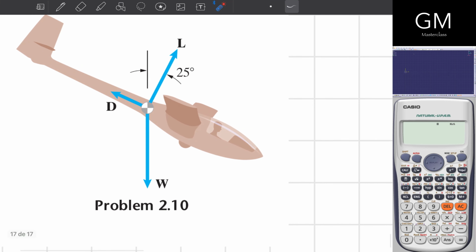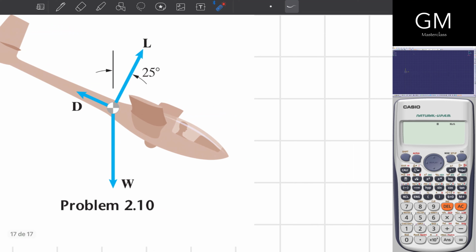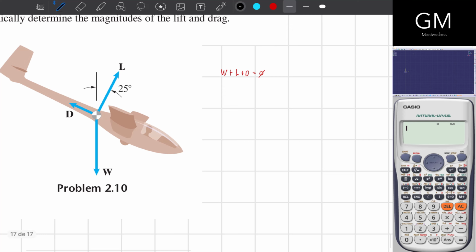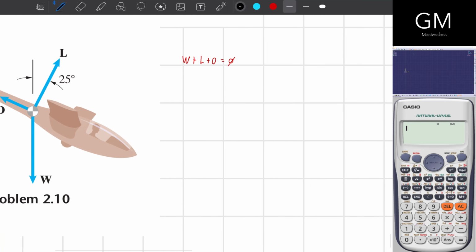As you can see right here, they are telling me one statement. I think this is the principal one, and it is that W plus L plus D equals 0. I want to explain what is happening here using, for example, these three vectors.